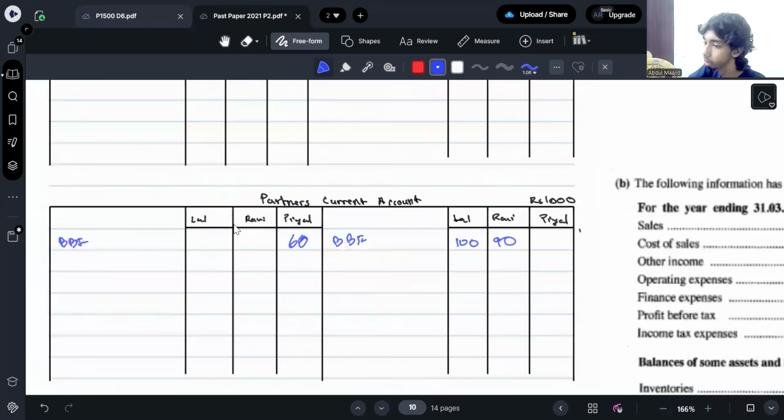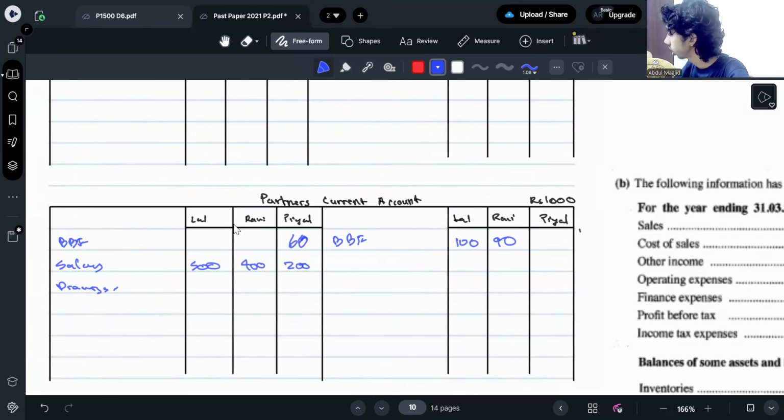Whatever partner takes out of the business will be debit. Salary 500, 400 and 200 they are taking, and drawing 80 and 20. PL is not taking anything. Alright.